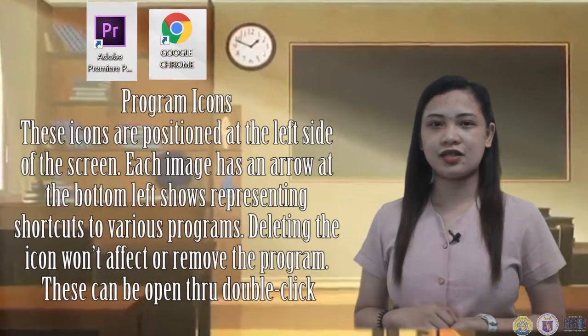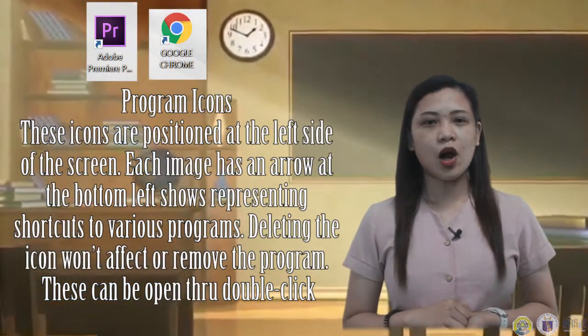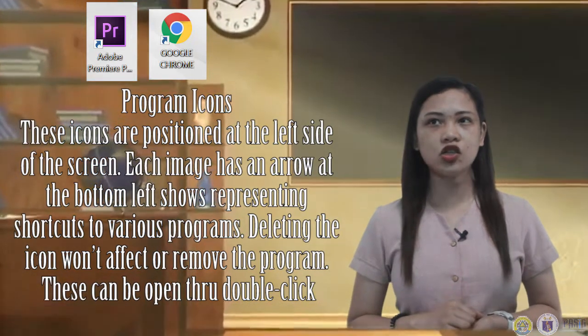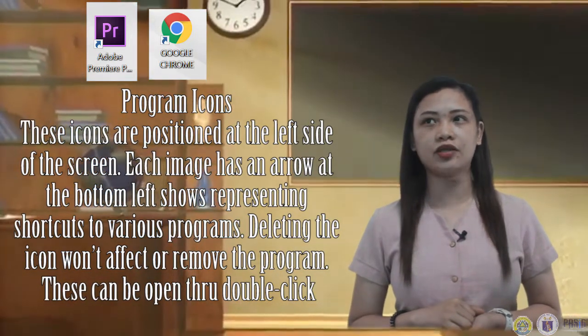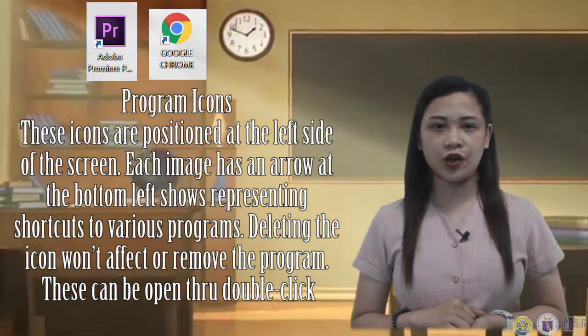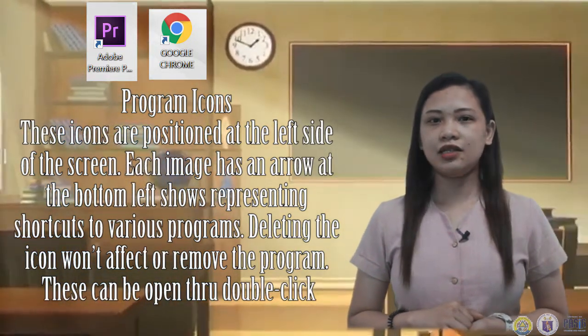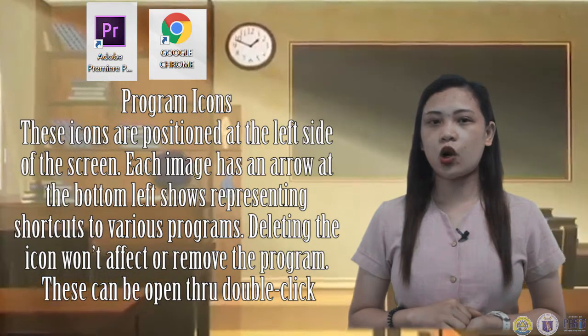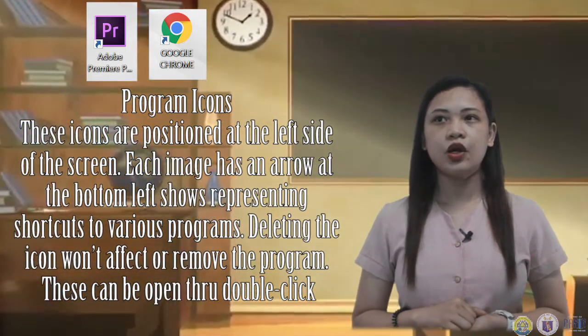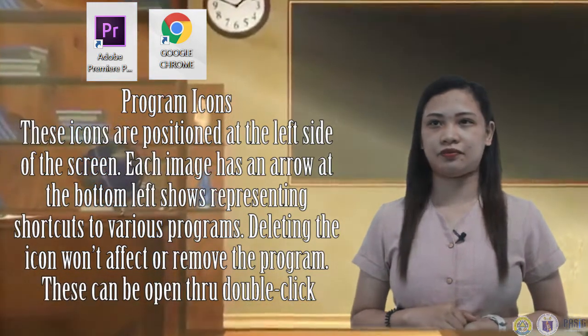Program icons. These icons are positioned at the left side of the screen. Each image has an arrow at the bottom left, representing shortcuts to various programs. Deleting the icon won't affect or remove the program. These can be opened through double click.